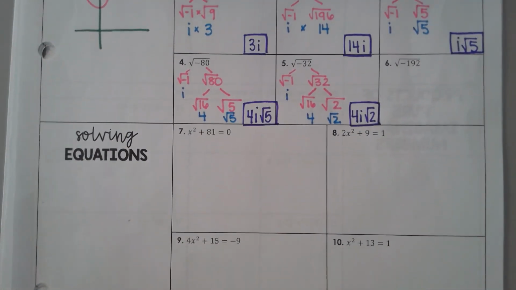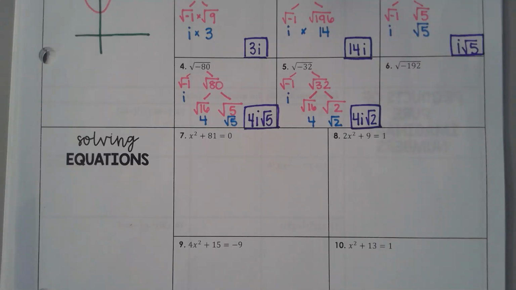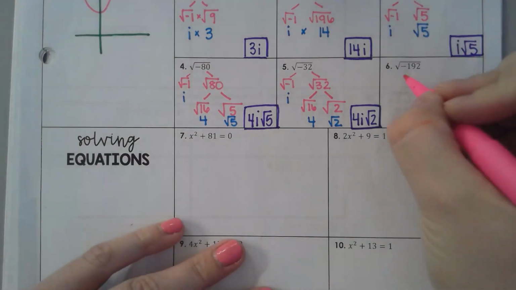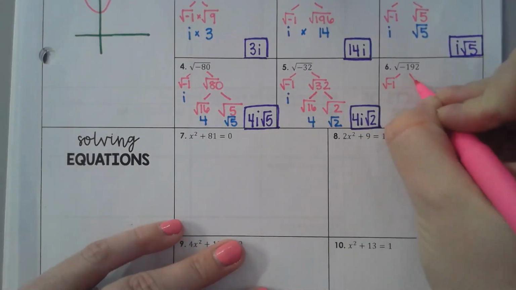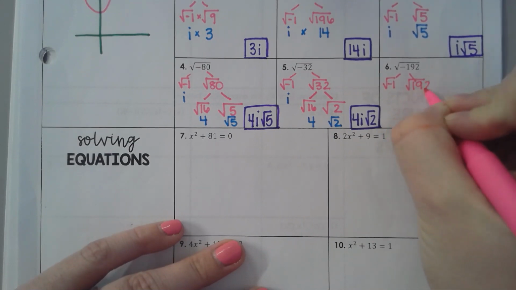Try number 6 on your own. So you should have started by getting the negative 1 and then the 192.